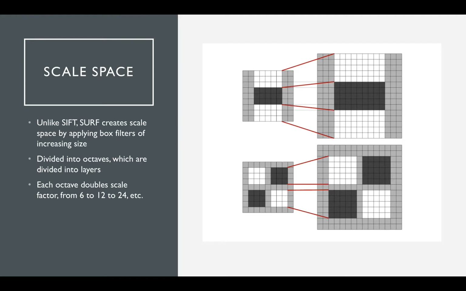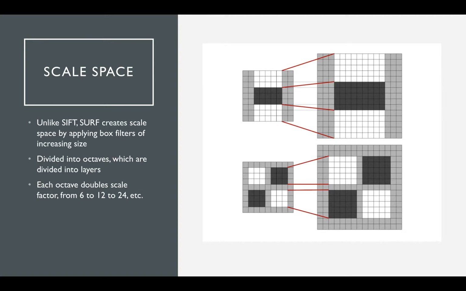As with SIFT, the scale space is divided into octaves, which are divided into layers, and each octave doubles the scale factor, so from 6 to 12, and then 12 to 24, and so on. As you can see on the right, we have the DYY box filter, and all that we've done is take it and double its size from 6 to 12.